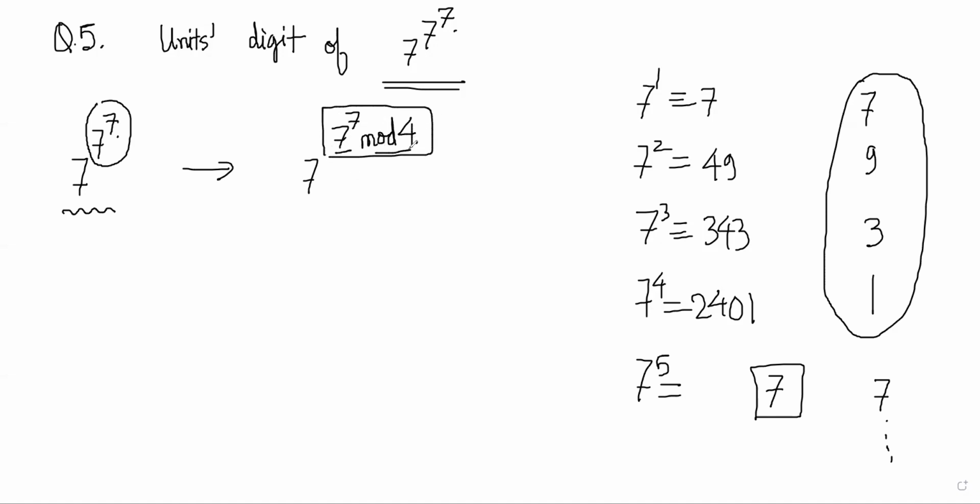If we know what is 7 power 7 mod 4, then we'll be able to decide which of these cases is actually the situation, right? We know 7 power 4 is giving a last digit of 1. So how do we calculate 7 power 7 mod 4? That is the question.